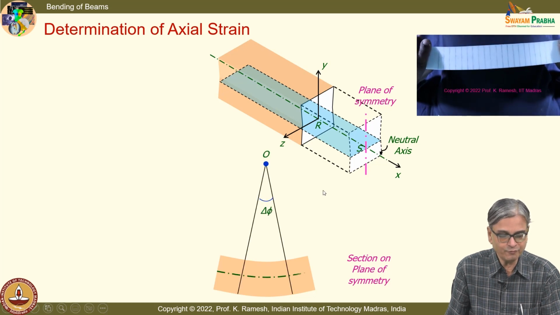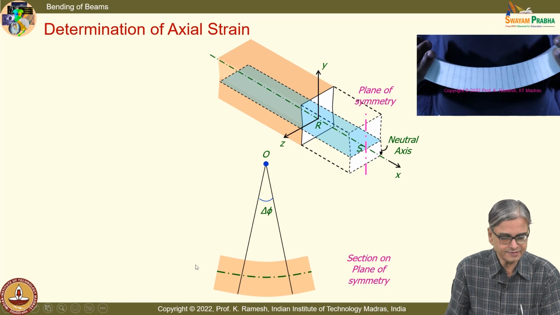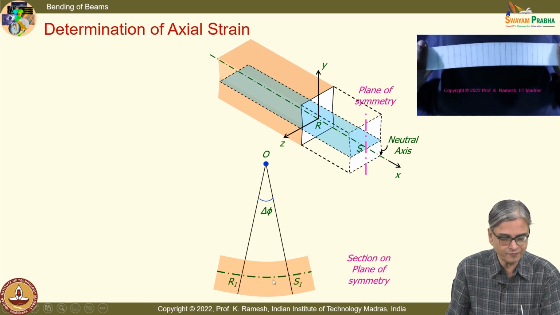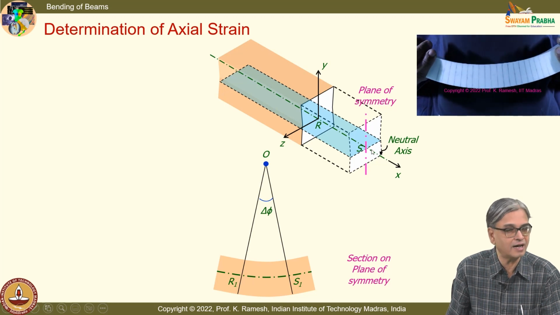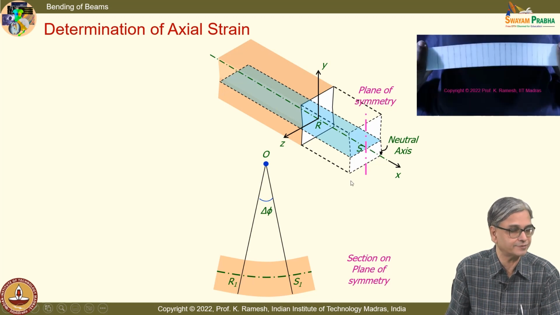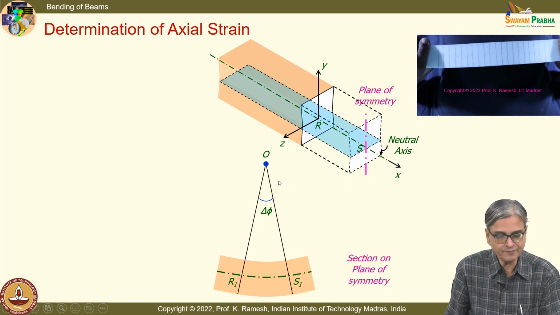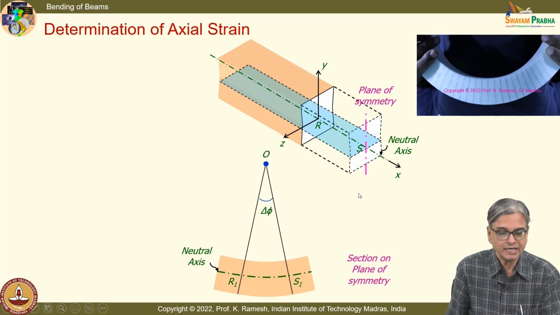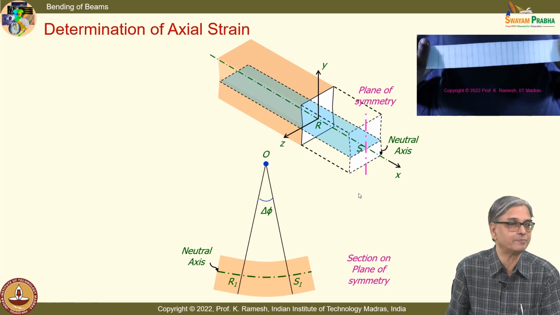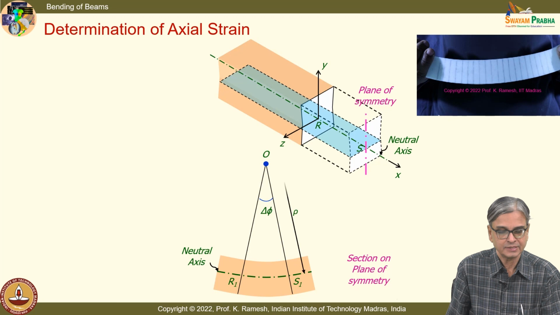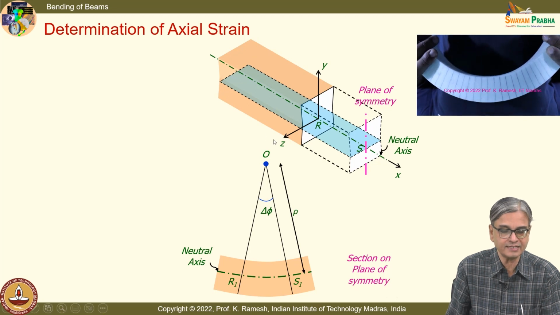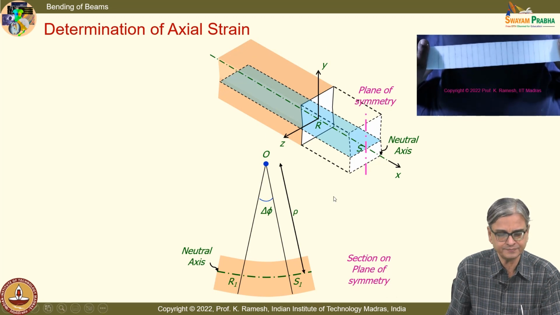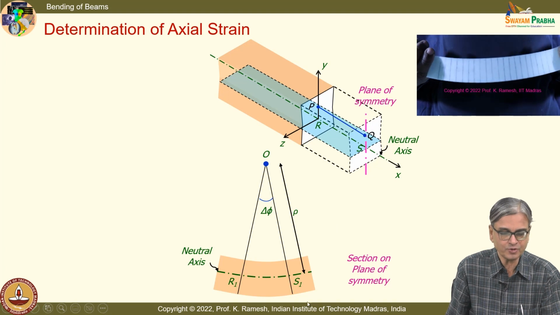And we have defined what is a neutral axis. Even in the deformed configuration, the length R1 S1 is same as R S in the undeformed configuration. So, with that we are in a position to write the expression for strain as change in length divided by original length. And you should understand that this is the undeformed configuration and this is the deformed configuration.